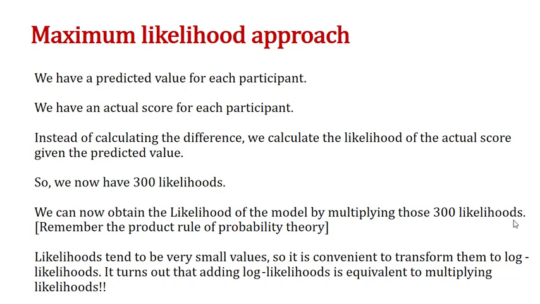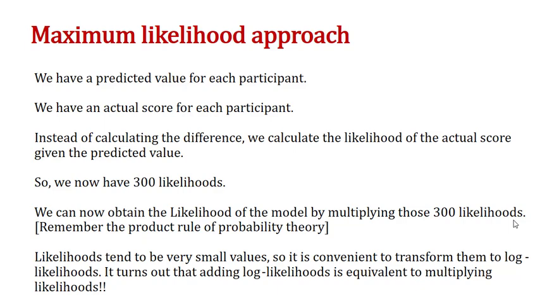So when we multiply, remember probabilities, if we use probability mass, then they will be numbers between 0 and 1. If we use probability density, they could be numbers higher than 1.